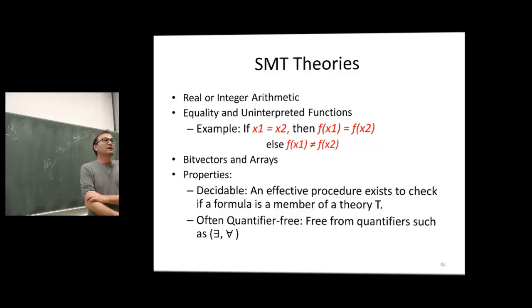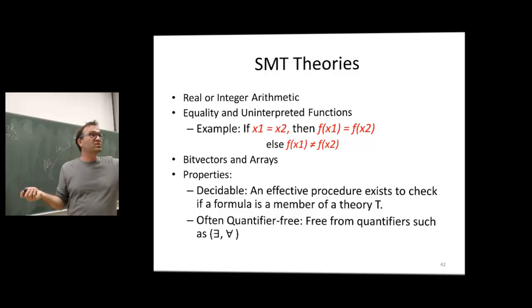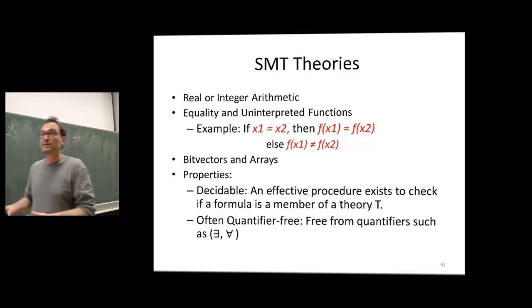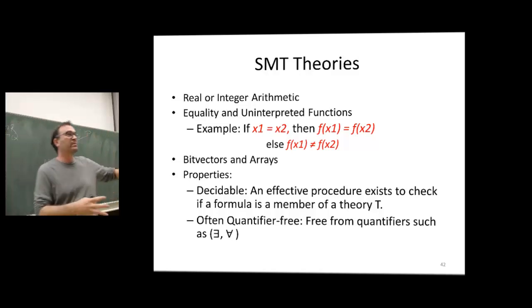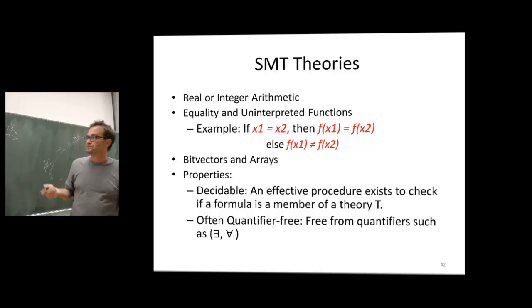So there is the property that you need: your sub-language that you talk about numbers, for example, and equality, needs to be decidable. So there needs to be another algorithm, a separate algorithm, one that is not within the Davis-Putnam framework, and we won't bother about this algorithm now. But we need an effective procedure to check if a formula is a member of that theory or not.